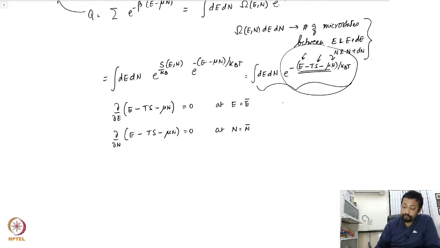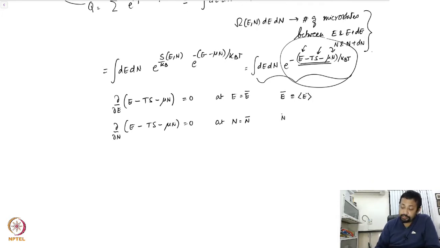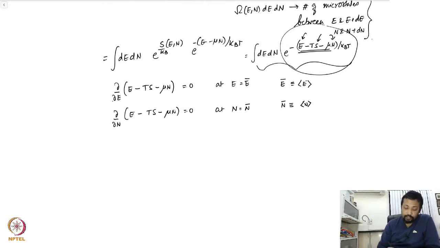Right, so please note that this E bar is identical to the average of E. We'll interchangeably use these symbols. Do not get confused that they are something different, right? So therefore the first condition gives you 1 minus T del S del E at E equal to E bar is equal to 0, and you recover the thermodynamic relation 1 by T is del S del E at E equal to E bar with V and N held constant.